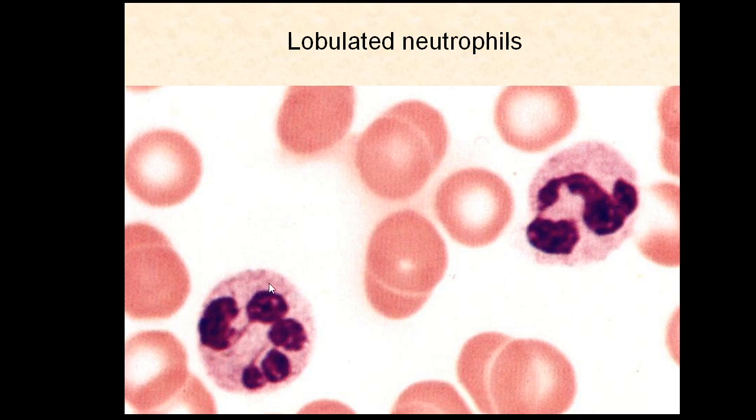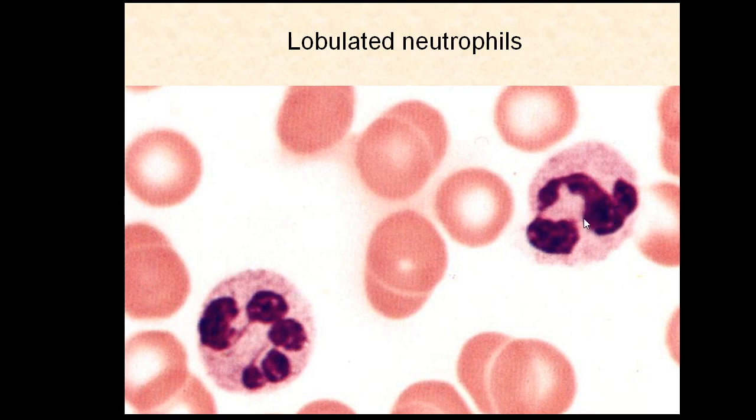You see 1, 2, 3, 4, 5 segments in this cell. Now these cells are more mature than this one. It is near the band form. A band has a thick nucleus without this bridge of nucleoplasm, but with this curvature.